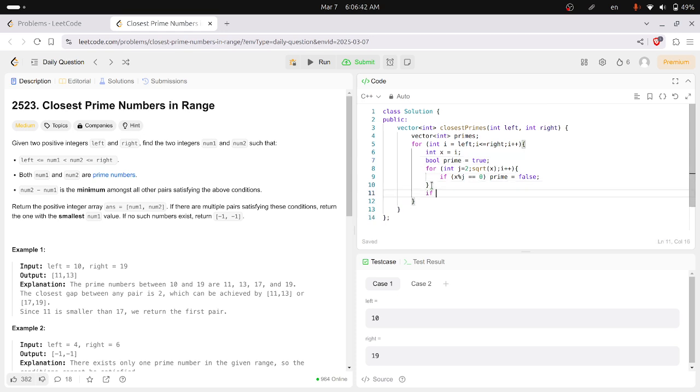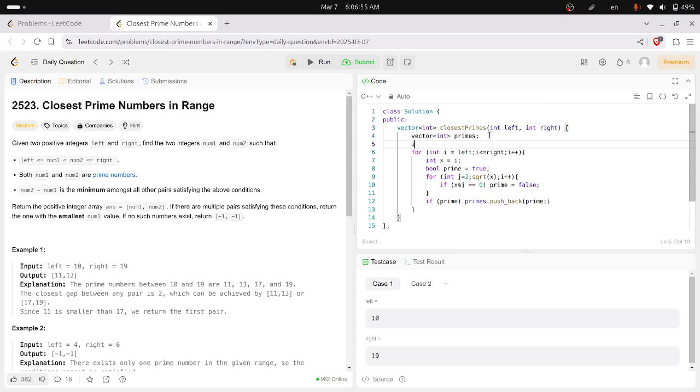So if it is a prime number, then I will push it in the array, push back prime, and before that I can take one answer equals to 0, and I can check here if prime minus primes dot back, like I'm checking if the last one I found and this one has a difference that is less than or equals to 2.